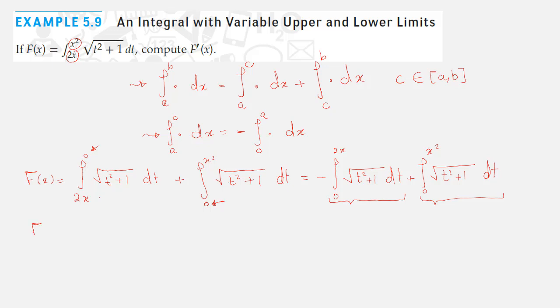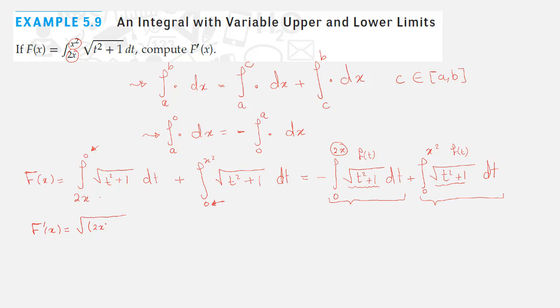We write f dash of x equals, first our f of t is the square root of t squared plus 1, but the upper limit is 2x, so we will substitute with 2x instead of t.